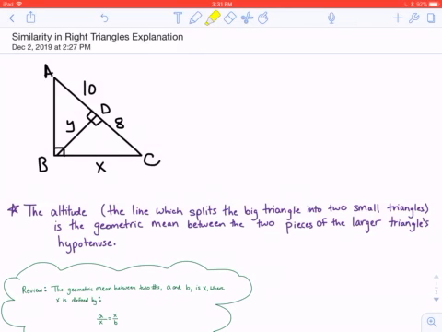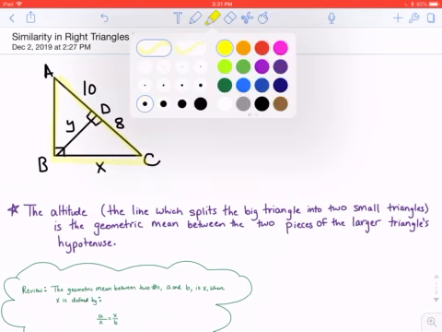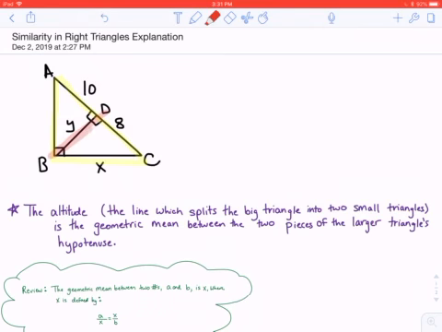That at first glance seems like a lot of words, so let's break it down step by step. First off, what is the altitude? The altitude is the line that splits that big triangle, which I've outlined in yellow, into two smaller triangles. In this case, the altitude is this line segment right here, BD.